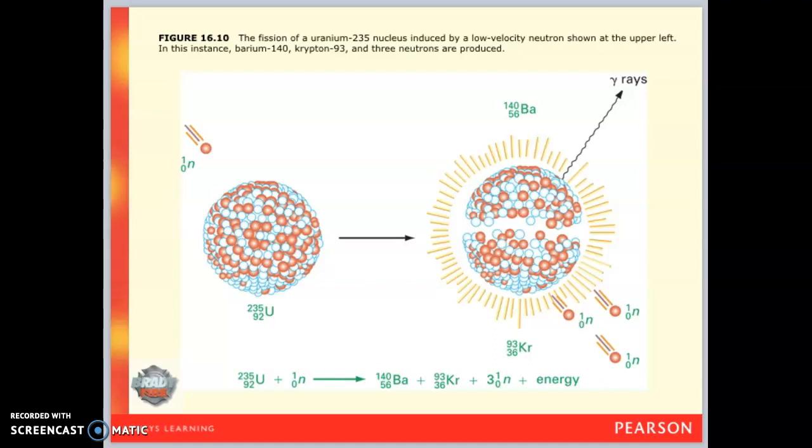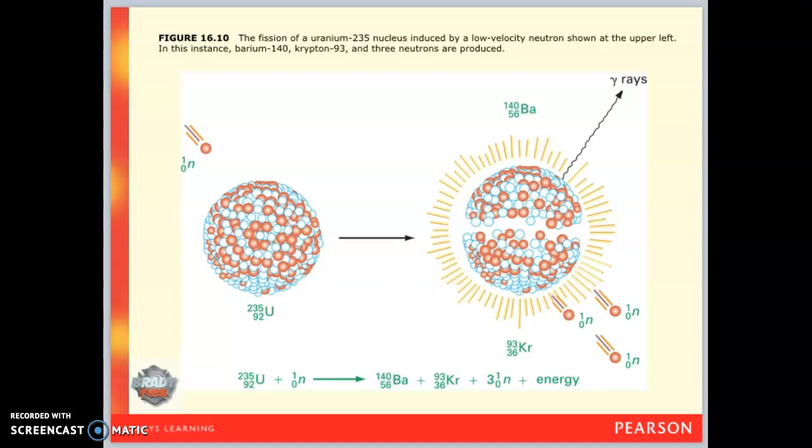And depending upon how well they are self-sustaining, that's where we can get into some problems associated with nuclear reactions and nuclear power. If a critical mass is present, that is enough that the self-sustaining reaction grows out of control, then what we have in that particular situation is something akin to an atomic bomb.